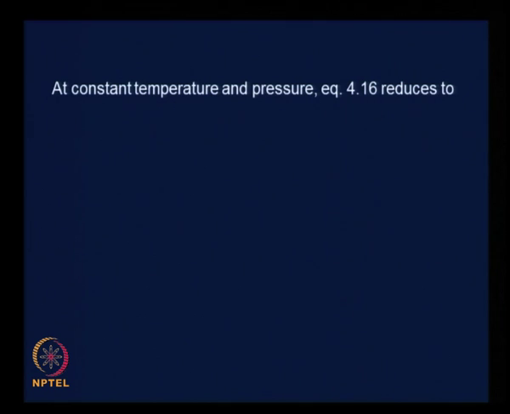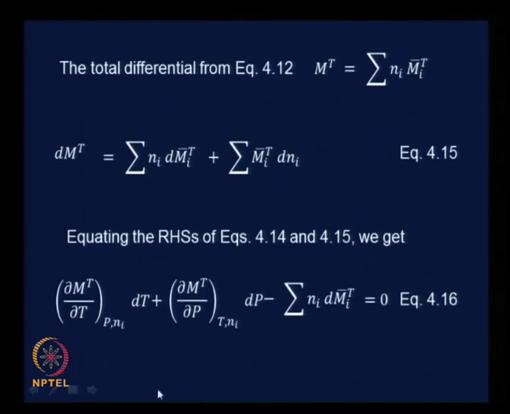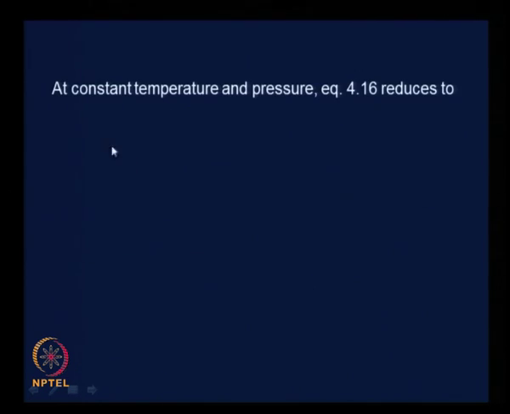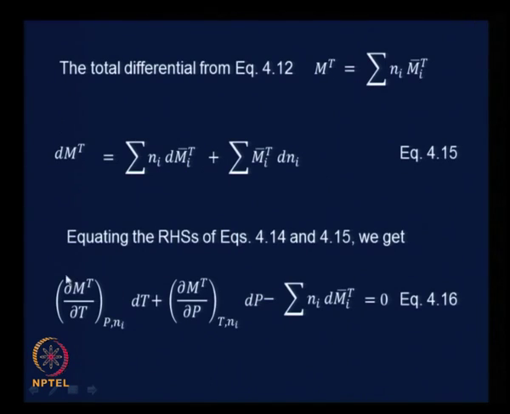This equation 416 holds for all partial molar properties. So instead of concentrating on G alone, which we had done in the earlier module, we will do it for any total property.